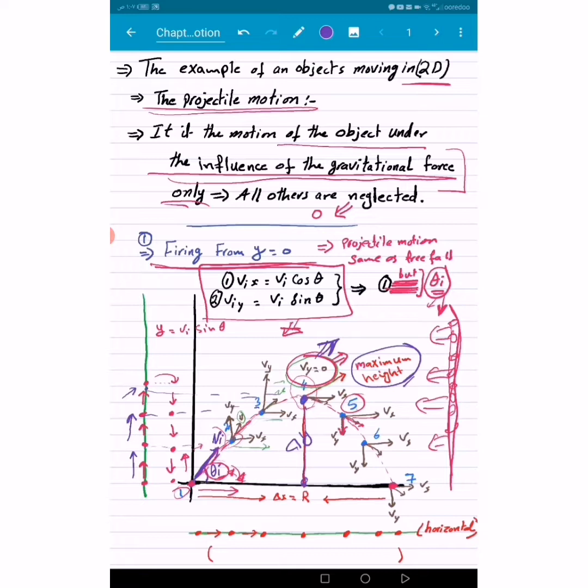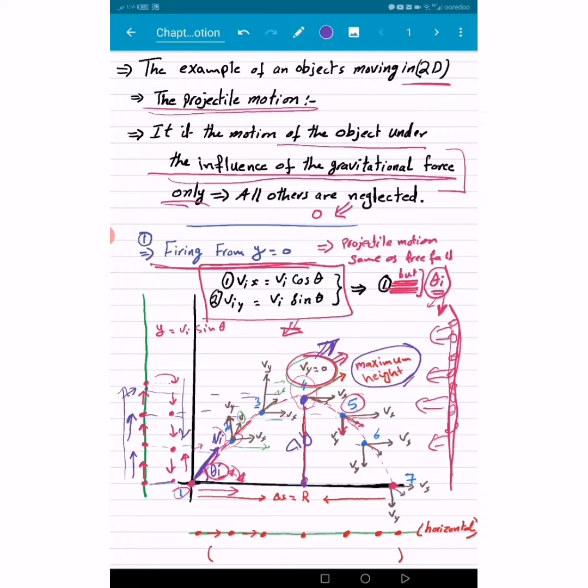Then the object changes its direction from up to down, then that is the 5th point, the 6th point, then it reaches the ground. So we see there are 2 types of motion, up and down, under the influence of gravitation.